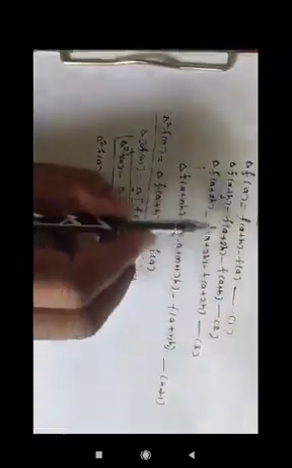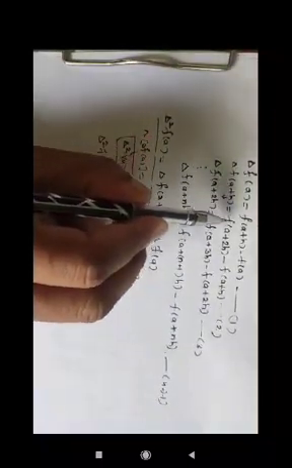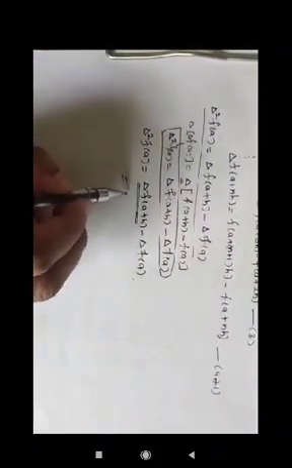So we have already discussed: what is delta f of a plus h? From equation second, delta f of a plus h is f of a plus 2h minus f of a plus h, minus delta f of a.